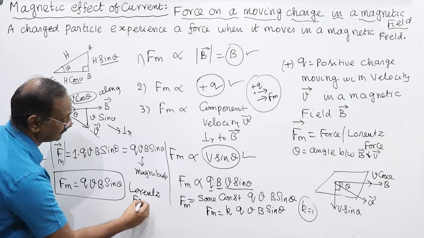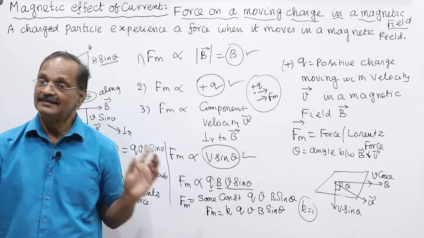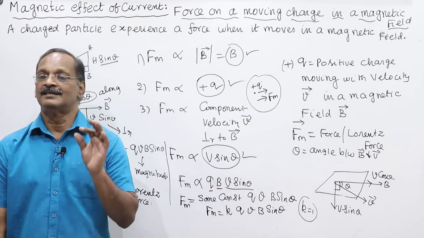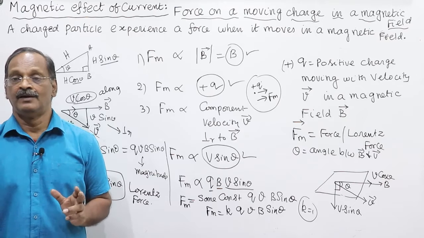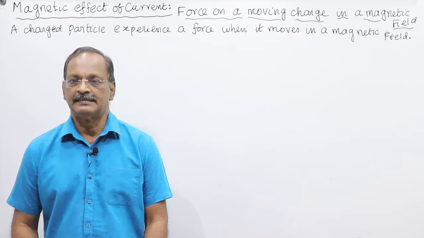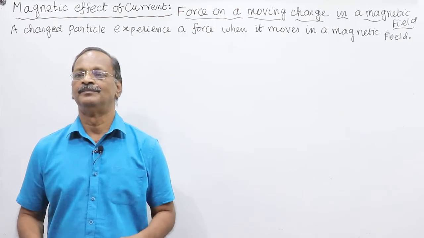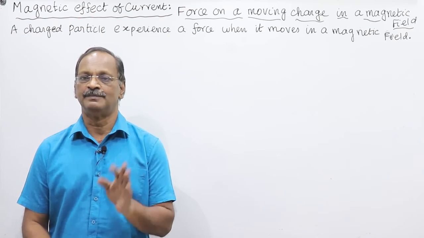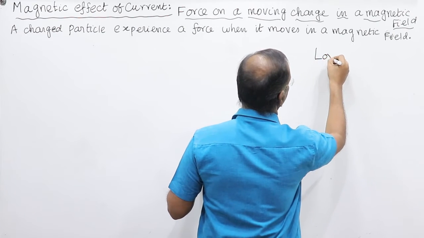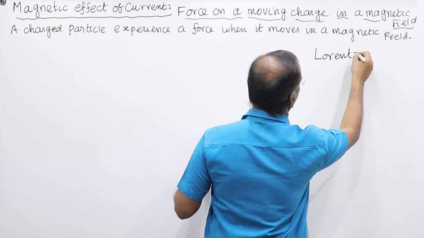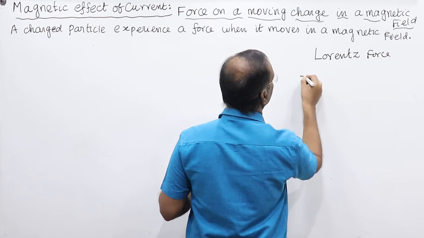Lorentz force. So first we will find out the magnitude. This is the force which deflects the charged particle and is called the magnetic Lorentz force. We have already discussed that a charged particle moving in a magnetic field will experience a force that we call Lorentz force, which is given in vector form.